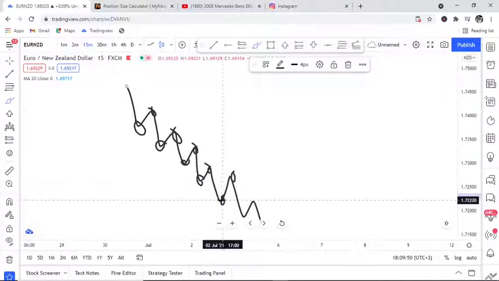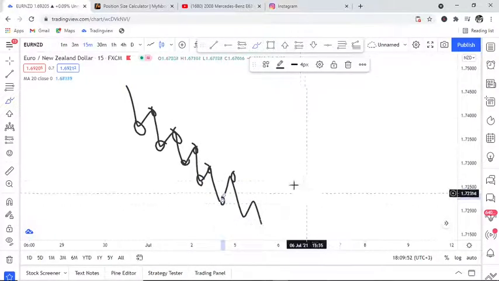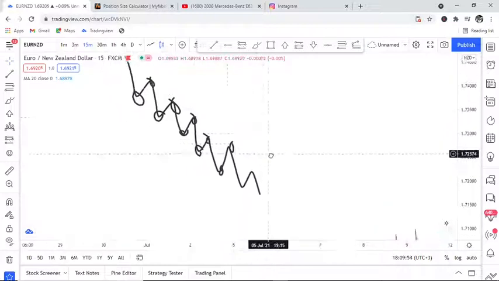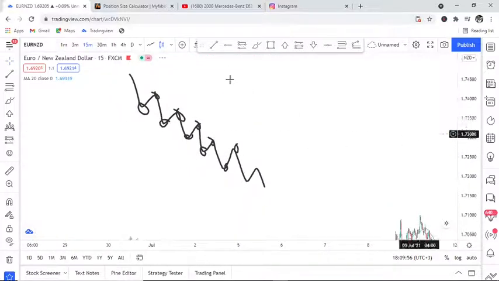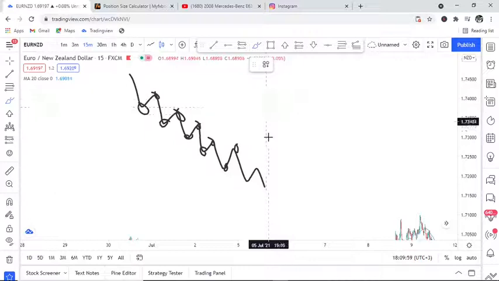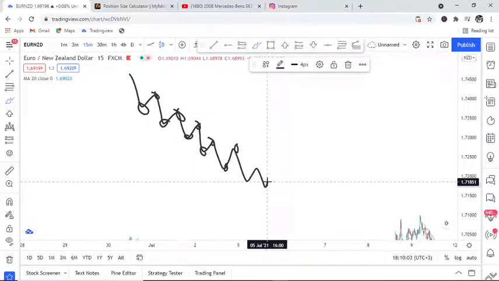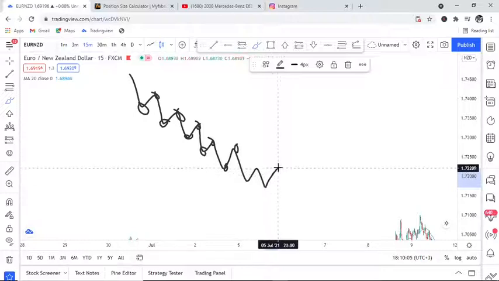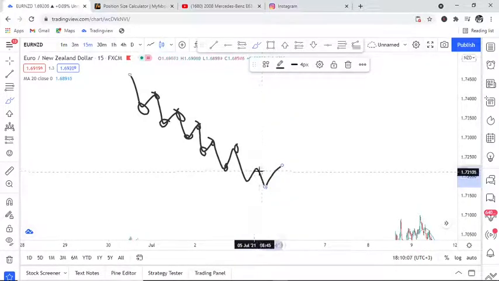So when the market is in a downtrend, then all of a sudden you see price coming back up and breaking the previous lower high, right? In this case, this is the previous lower high.